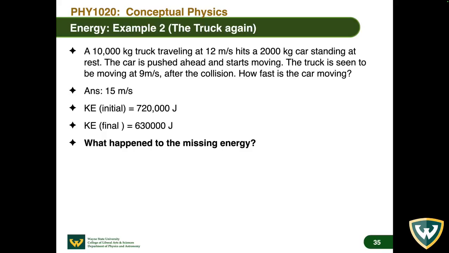And this squeezes the car, perhaps even a little bit the truck, and so it modifies the truck, it modifies the car, and the cost of this modification, the cost of bending metal, is where the missing energy has gone.